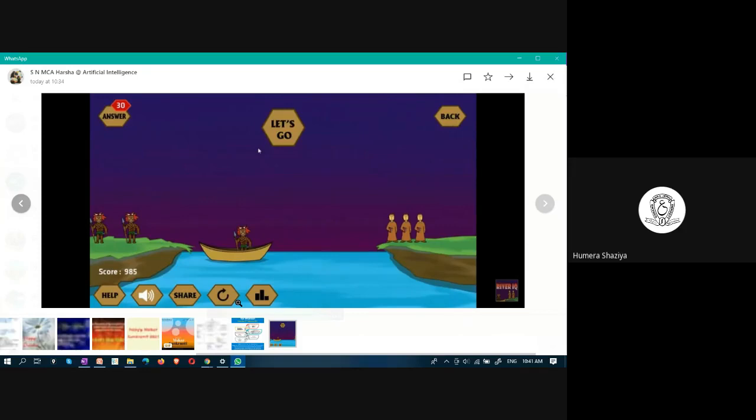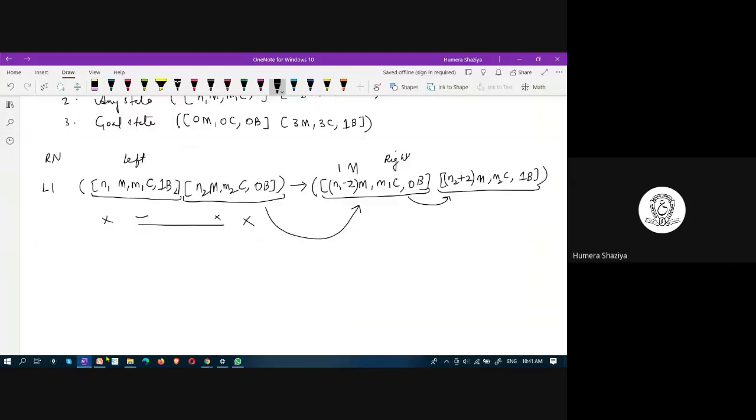One cannibal would come here, and the boat would be here. Is this clear? Two missionaries are moving from left to right. Whatever is the present value, suppose there are no missionaries, N2 would be 0. 0 plus 2 means now 2 missionaries are there on the right side, and the boat has come from left to right. So the boat is 1. Students, is it making sense?